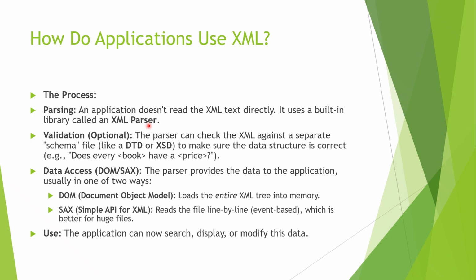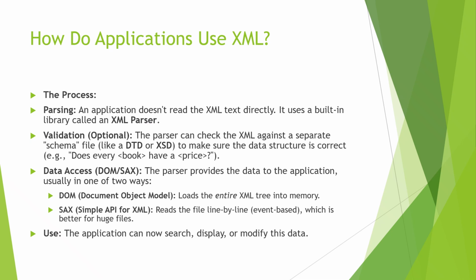If the file is well-formed, the parser does something very clever. It reads the entire file and builds that family tree structure we talked about. It builds it in the computer memory. This memory tree is called the DOM, or Document Object Model. Now your Java application has a nice neat tree object.